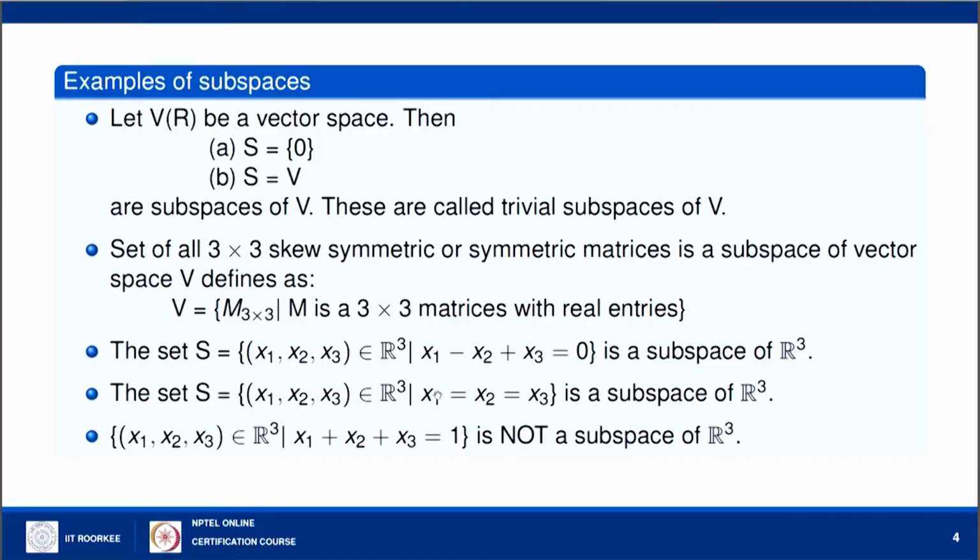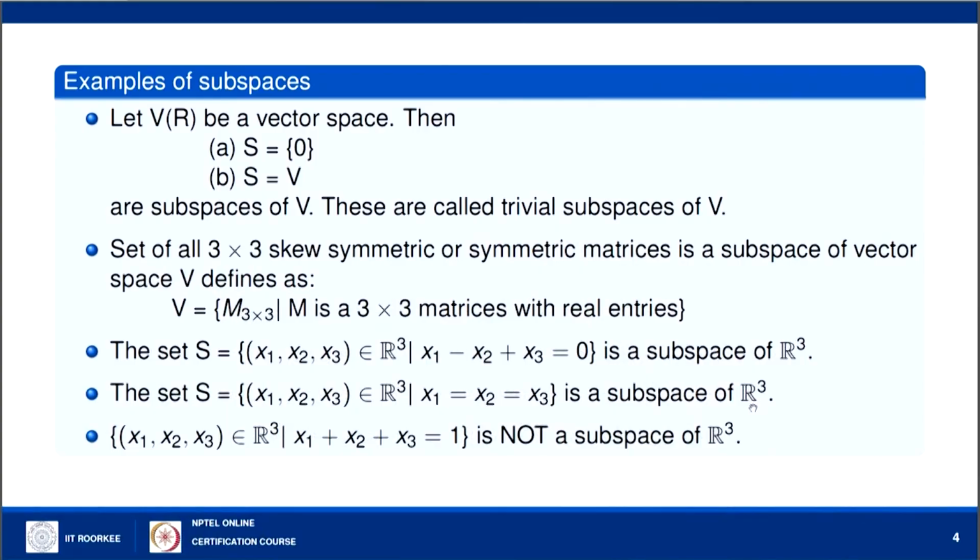Certainly (0, 0, 0), when you take alpha equals 0, will be there. So, S is non-empty. Now, if you take two vectors (alpha, alpha, alpha) and (beta, beta, beta), then the sum will become (alpha plus beta, alpha plus beta, alpha plus beta). So, the three components are equal, and the sum is also a vector in S.